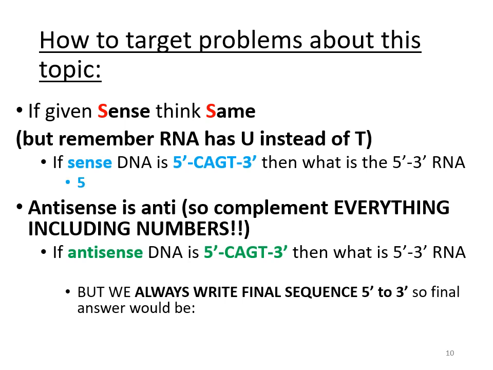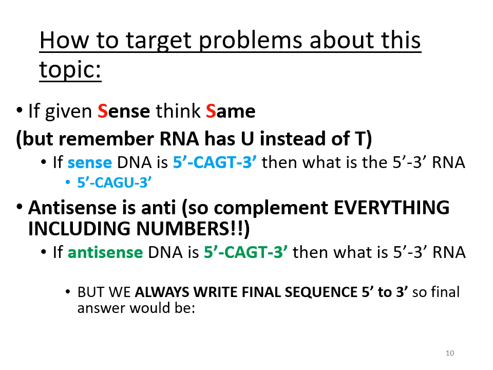So it would be 5', C, A, G, and then because it's RNA, U instead of T. And it continues to the 3'. Okay, so notice the DNA and the RNA look the same everywhere except for when you have a T in the DNA. Now it's a U. Other than that, it's the same.